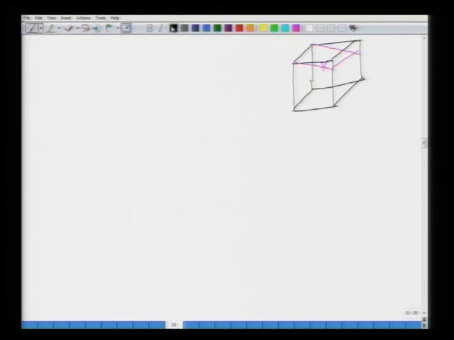This is your x direction, this is our y direction, and the vertical one is the z direction. And some recharge rate W is applied in the vertical direction. So, let W be the recharge rate.